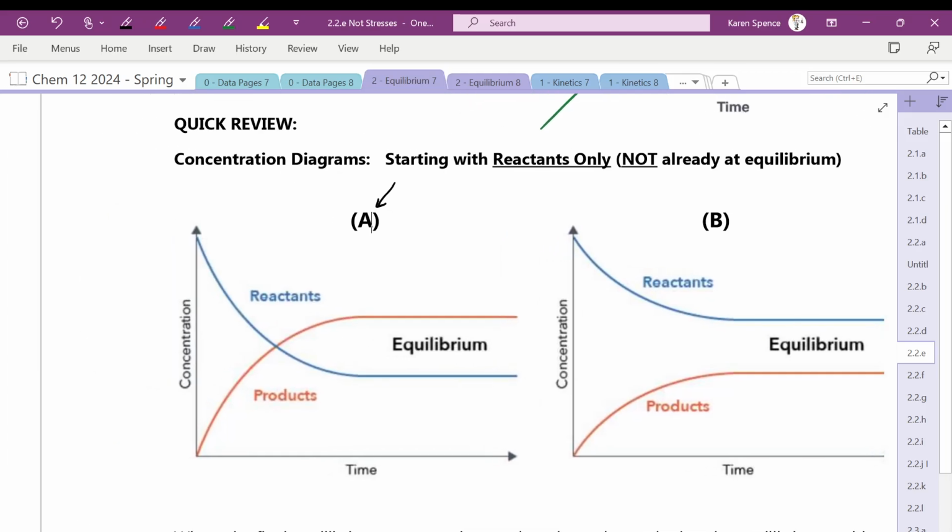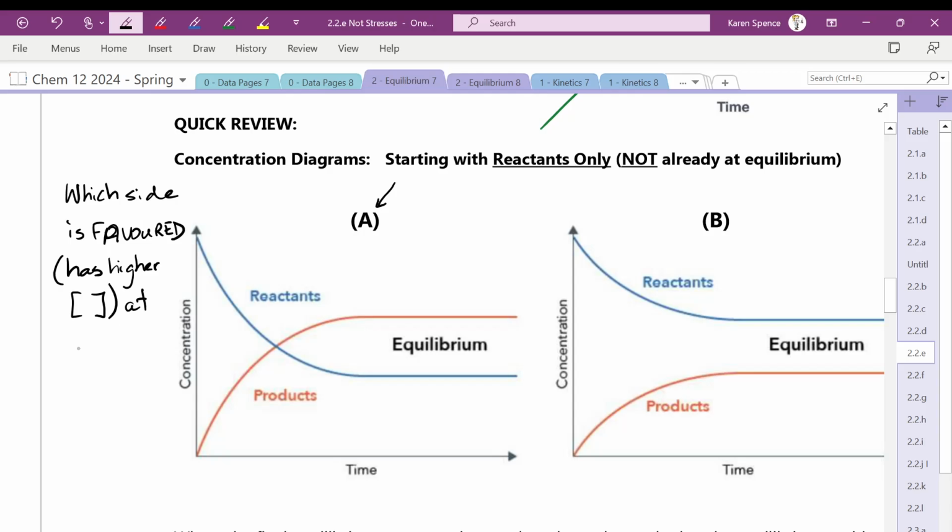When I say favored, I mean has a higher concentration at equilibrium.